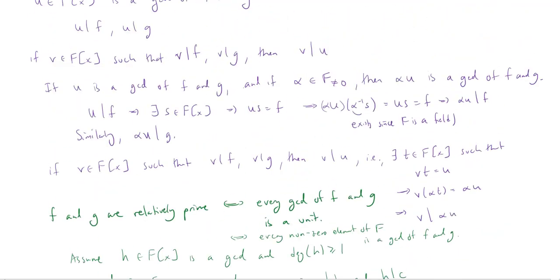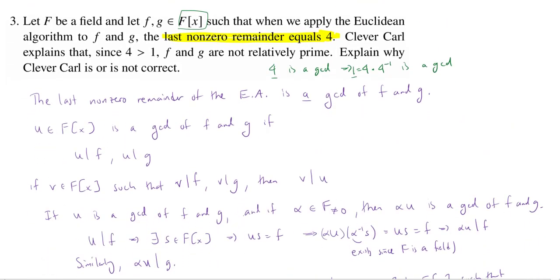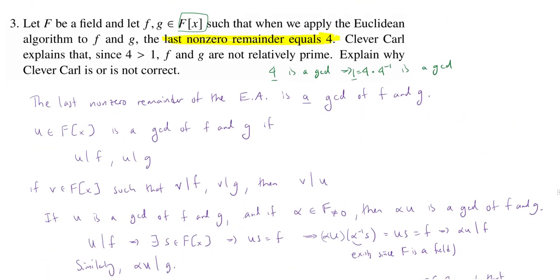So clever Carl was on the right track for the integers, but not on the right track for F[x], because we don't have a unique GCD. We have lots and lots of GCDs. In fact, we get one for every non-zero element in the field.